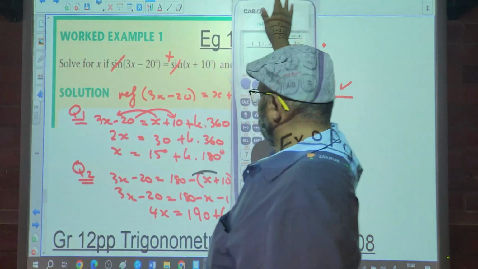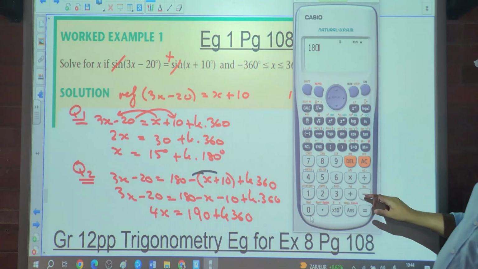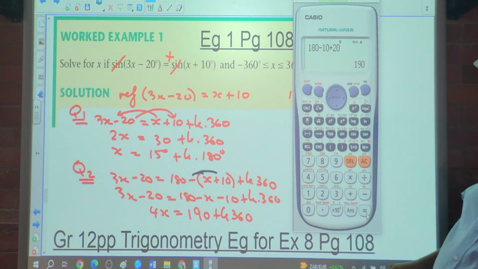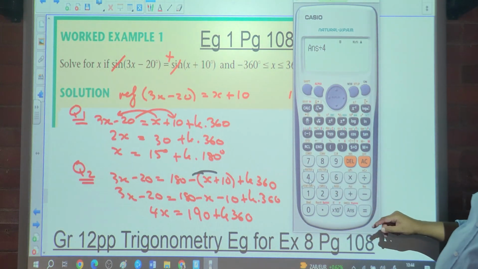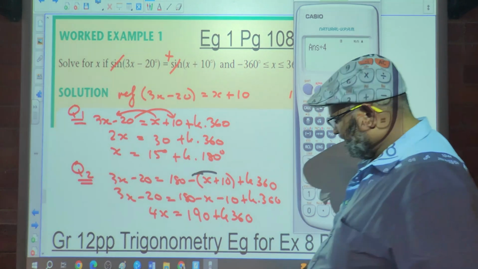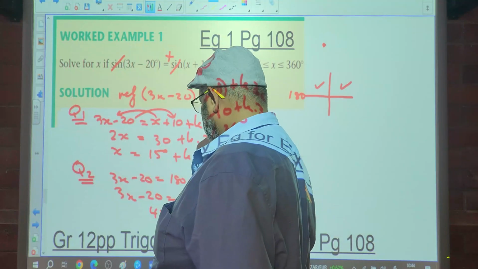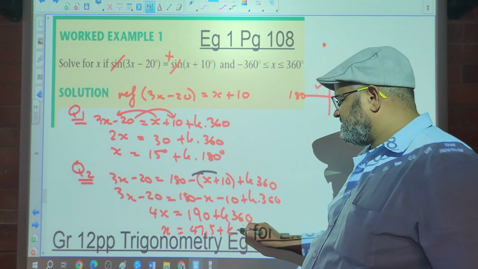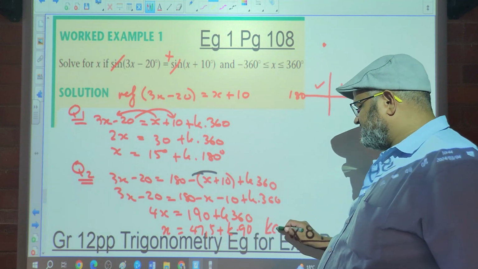You all agree with that, people? It's 180 minus 10 plus 20. So what do I do now? Divide by 4. So 190 over 4 is 47.5. So x is going to be 47.5 plus k times 90 degrees, where k is an element of the integers.